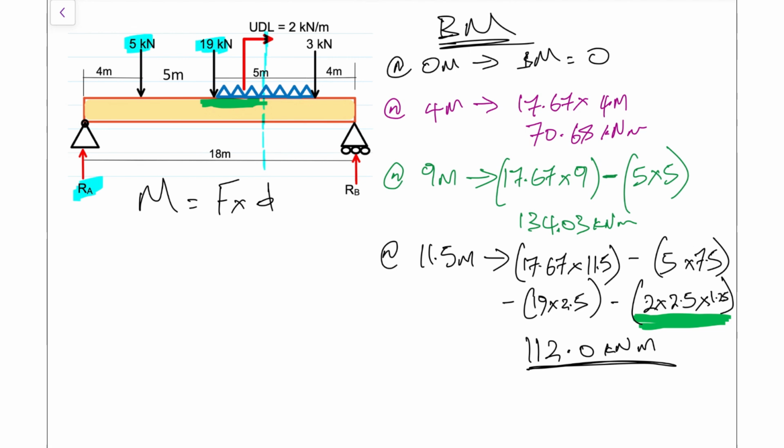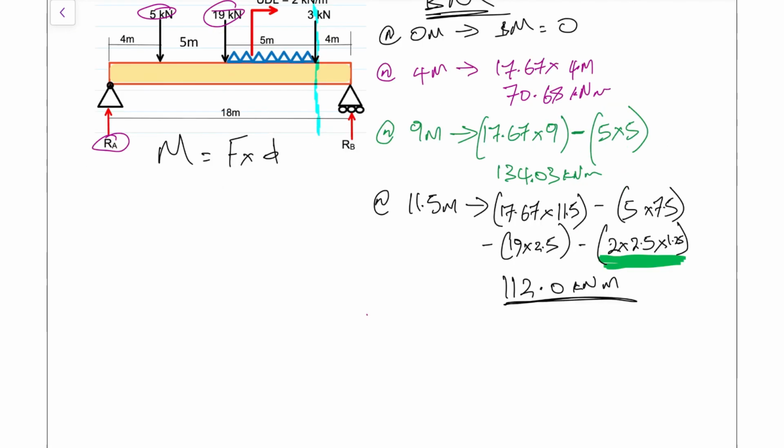So I'm going to now put my blue line at the very end of the UDL, and that's the analysis that we're about to do. So that's the blue line at the end of the UDL, and all the forces that we have acting to the left of that blue line will be our RA, our 5 kilonewtons, our 19 kilonewtons, and of course the entire UDL itself. So let's do that calculation now.